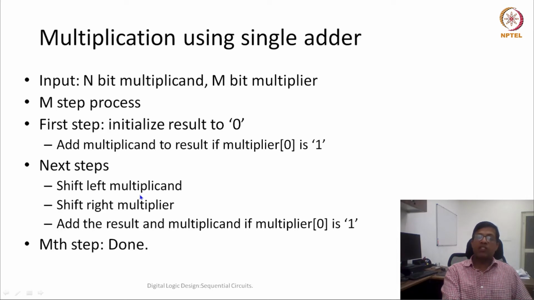For example, shift left of the multiplicand, shift right of the multiplier, and we have to see whether we need to add or not, and also whether we have to write the result in our result register or not.